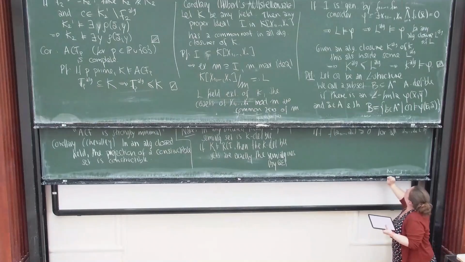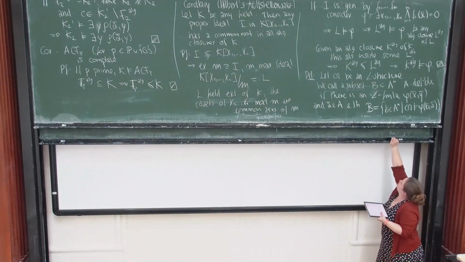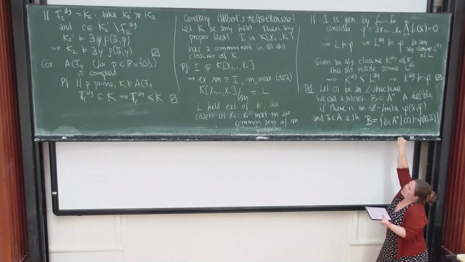Right, so this should say f is a sum of squares if and only if f is positive semi-definite.